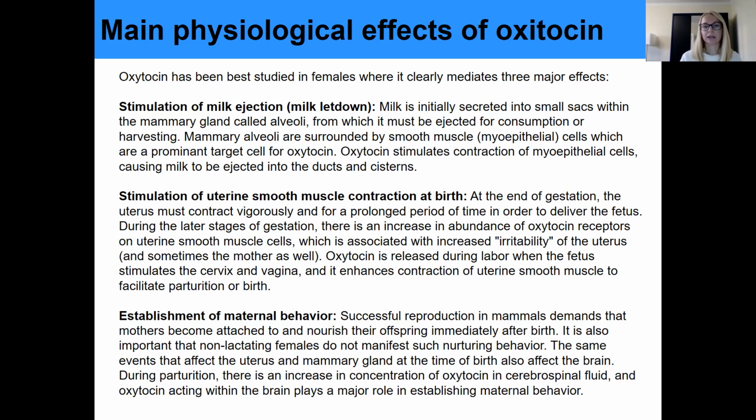The same events that affect the uterus and mammary gland at the time of birth also affect the brain. During parturition, there is an increase in concentration of oxytocin in cerebrospinal fluid, and oxytocin acting within the brain plays a major role in establishing maternal behavior.